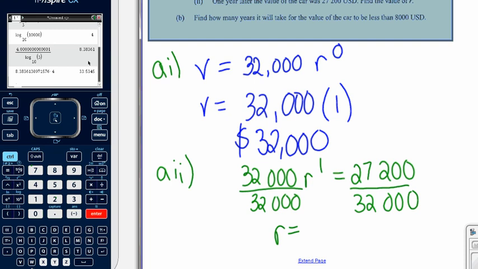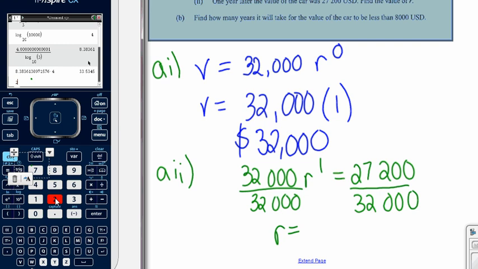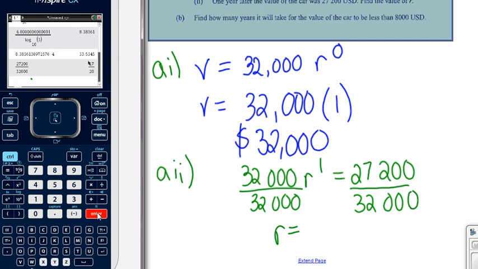27,200 over 32,000. So it's about, it is 17 over 20.